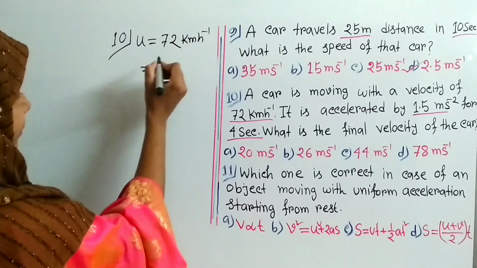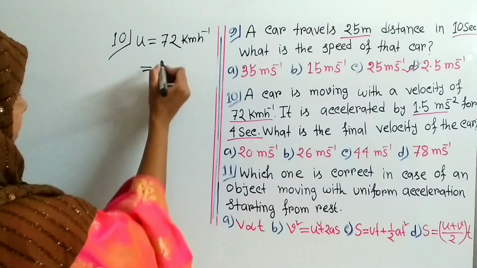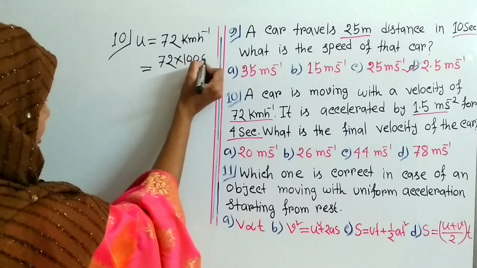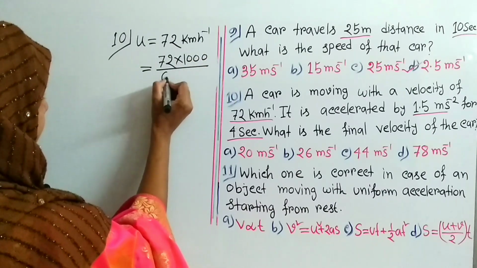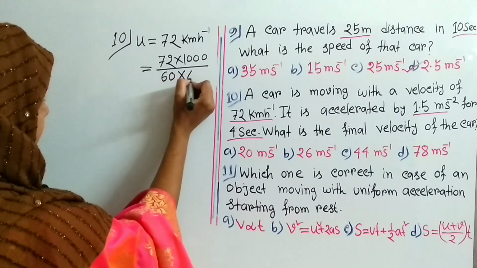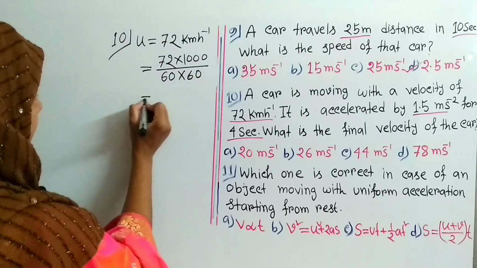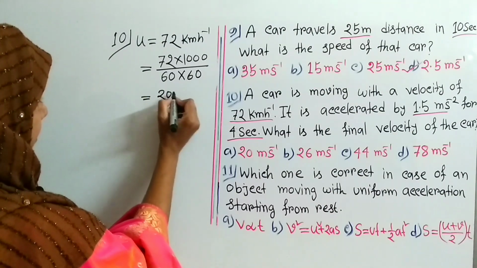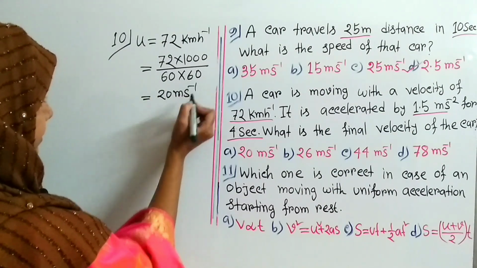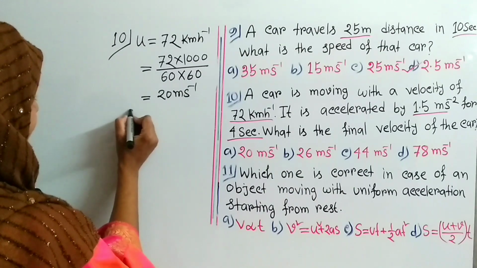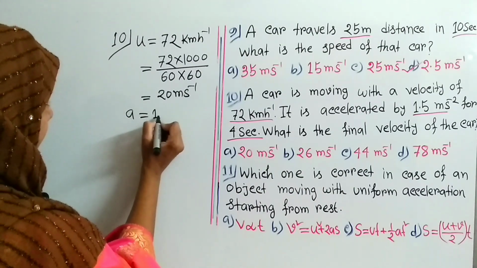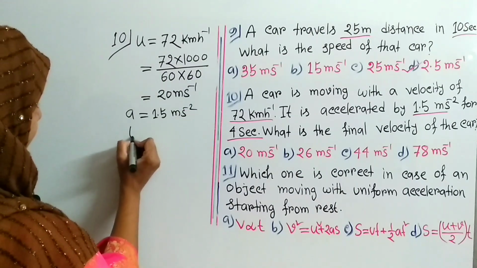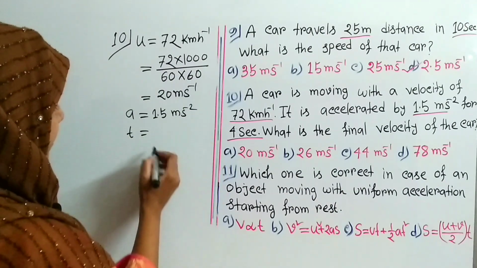So we have to convert that into meter per second. And you know that we can convert it by multiplying by 1000 and dividing by 60 into 60. And the answer will be 20 meter per second. Now the value of A is 1.5 meter per second square, and the value of T is given here, 4 seconds.